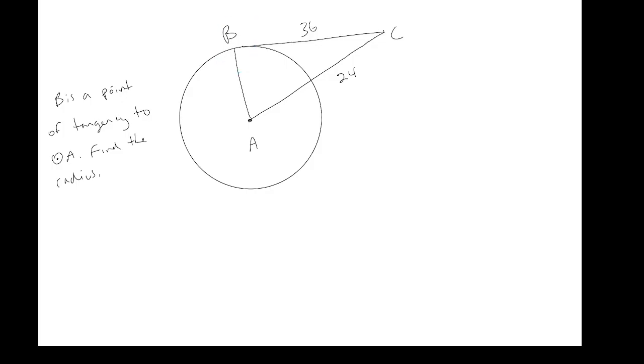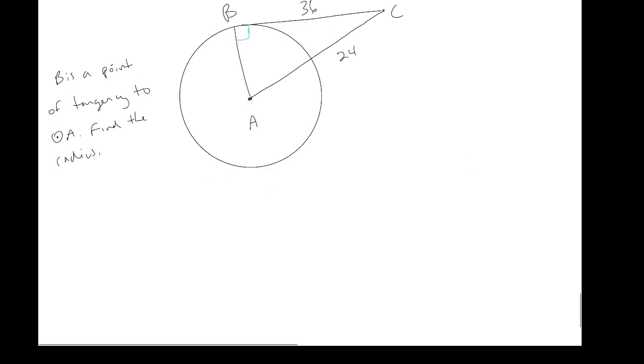B, point of tangency, which means this radius, AB, is perpendicular to that tangent line, BC. If that's the case, this line AC has to be a hypotenuse. The hypotenuse in a right triangle has to be the longest side. So how on God's green earth could that 24 apply to the entire segment AC? Of course it only applies to this portion out here. So you should be able to deduce that on your own.